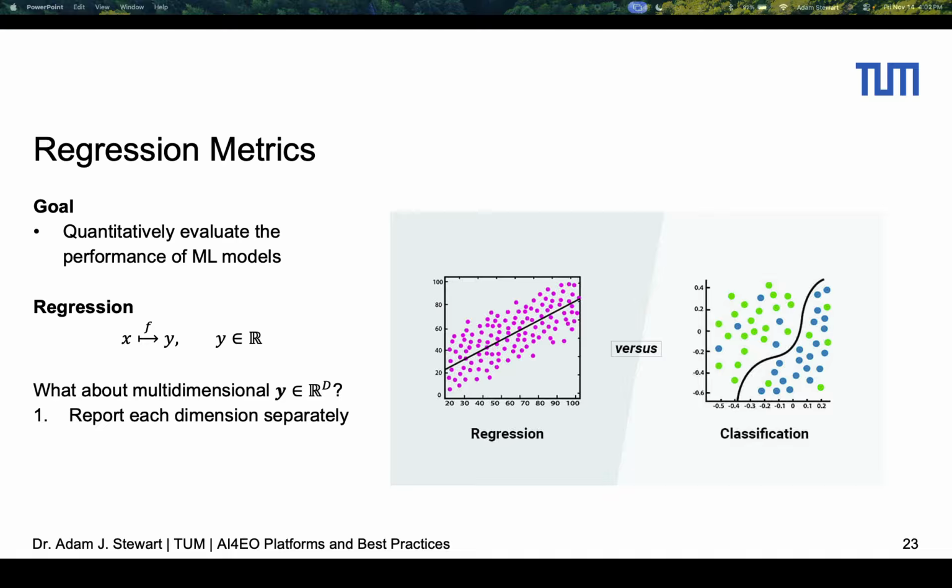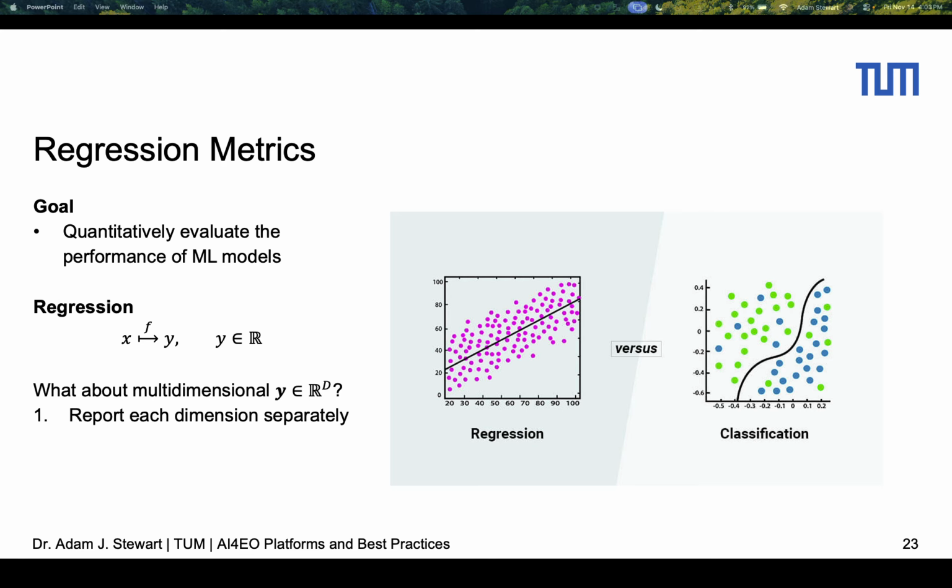You could report each dimension separately. So let's say I'm predicting wind speed and temperature. You could say your temperature is 3 degrees off, and your wind speed is 3 kilometers per hour off. Or they could be different. There's no guarantee that they'll be similar numbers.